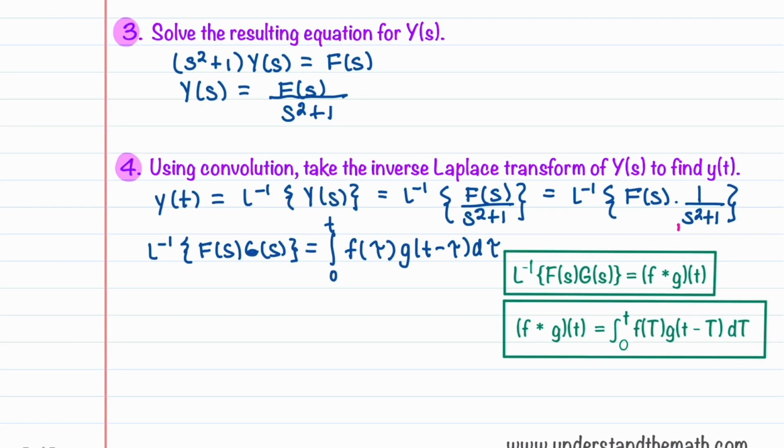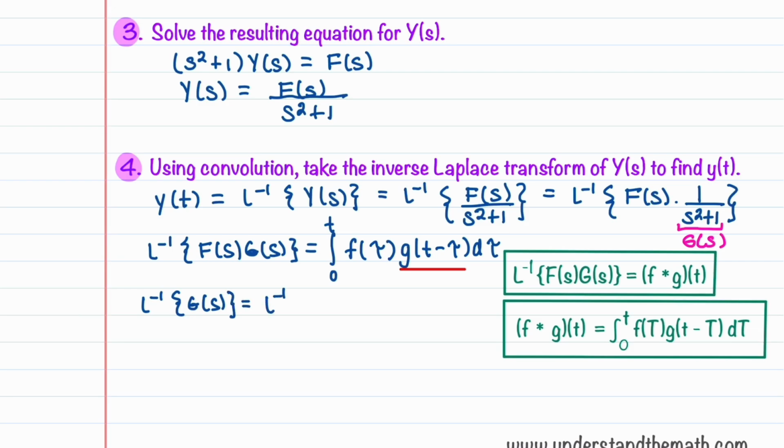This function right here, over here on the right, is capital G of s. Notice that inside our integral, we need little g of t, or little g of t minus tau. So what we're going to do first is find the inverse Laplace transform of G of s.